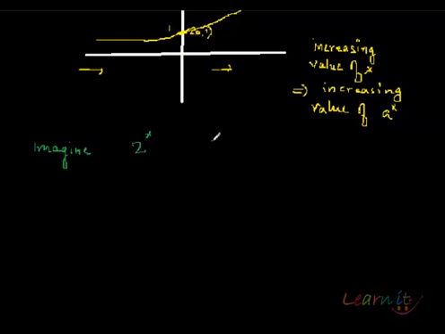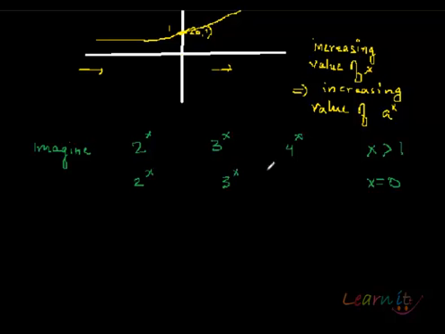2 to the power x, 3 to the power x, 4 to the power x. When x is greater than 1, it can be 1, 2, 3, and so on.